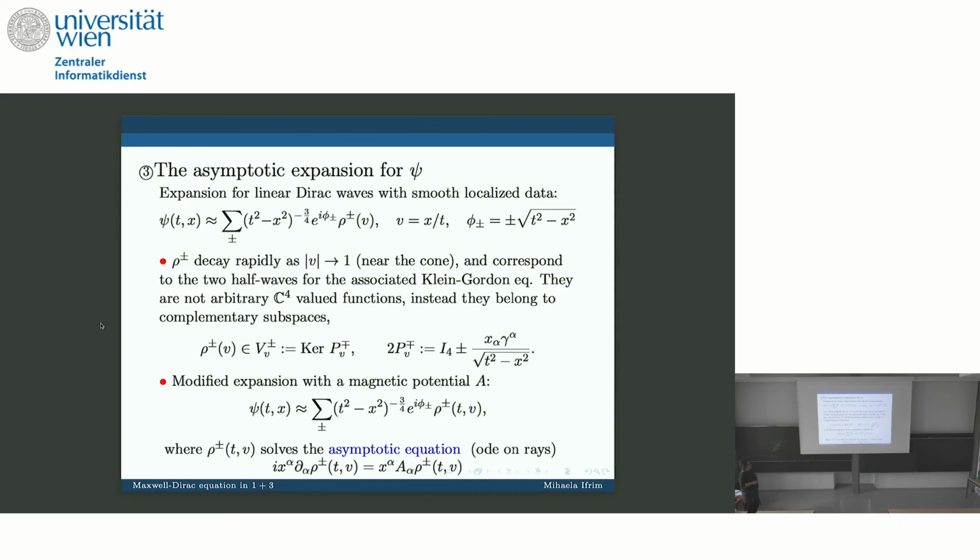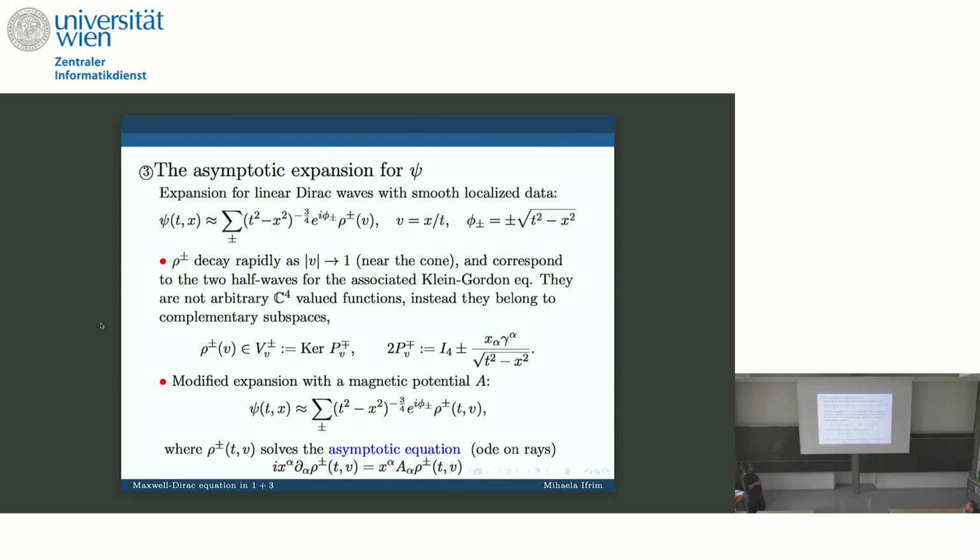So now, once you have this ansatz, you're going to take this ansatz, plug it in the Dirac equation, and get that. Because I want to say the following thing: you cannot get this funny looking ansatz, because this is not accurate, because your problem has a nonlinearity that depends on the magnetic potential A. So you want to be more careful.